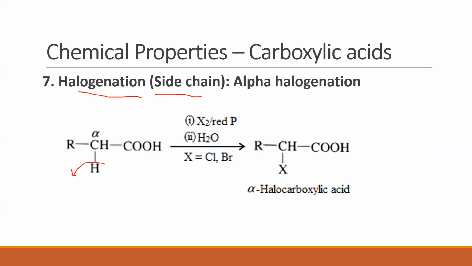Hydrogen at the alpha position gets replaced by the halogen. So the hydrogen that is attached to an alpha carbon, which is called the alpha hydrogen, gets substituted with the halogen. Hence I get alpha halocarboxylic acid.